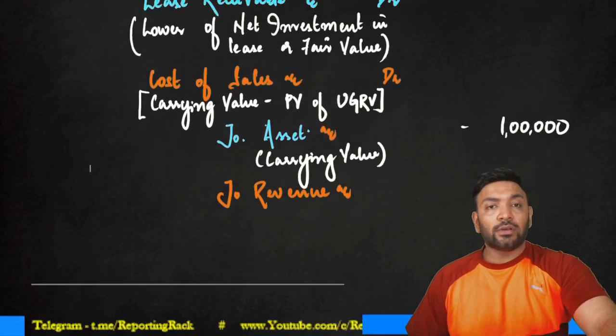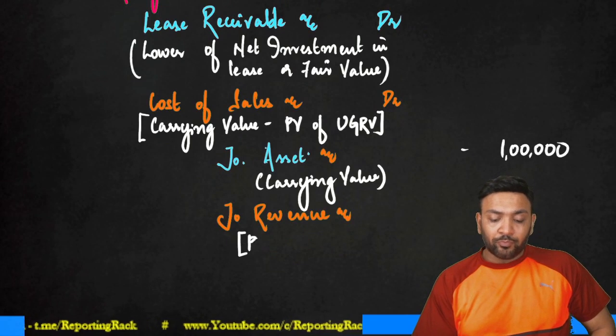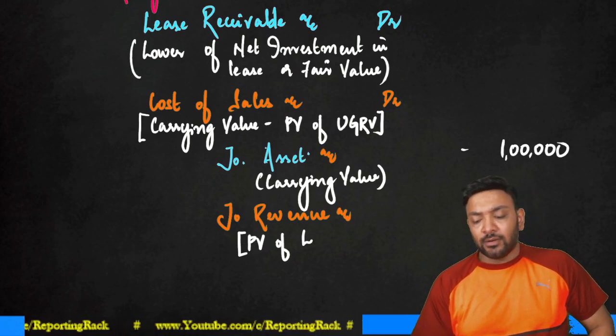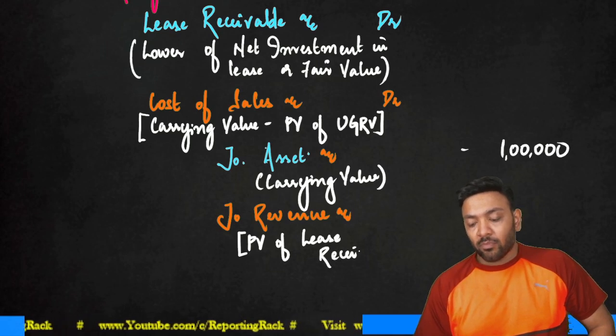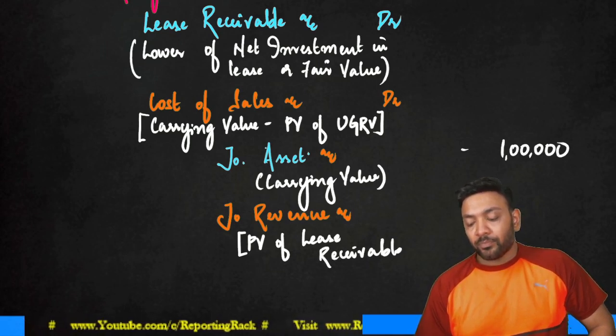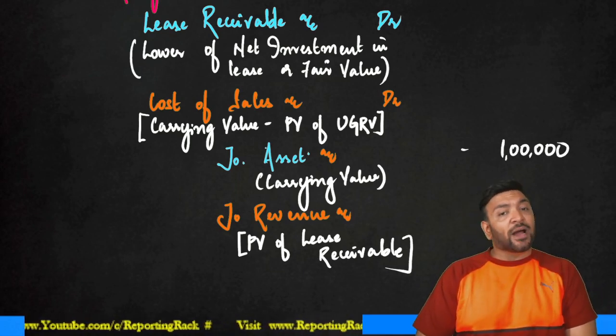The revenue is equal to present value of lease receivable. This is the combination of entries which I have to pass.